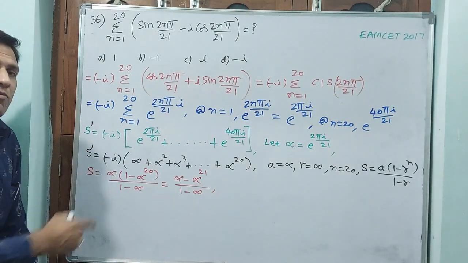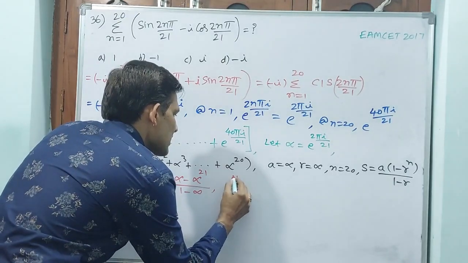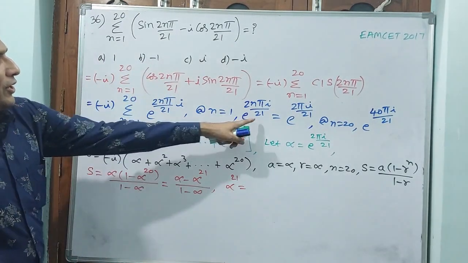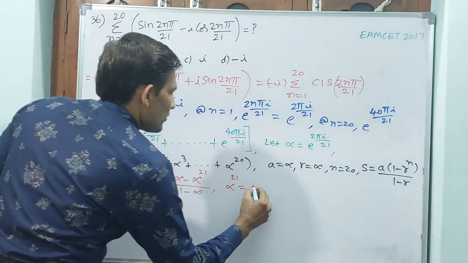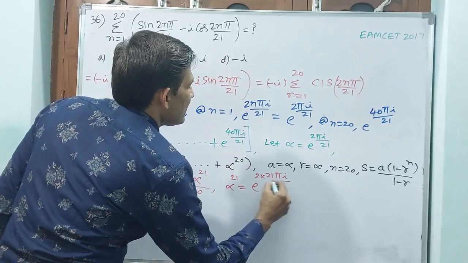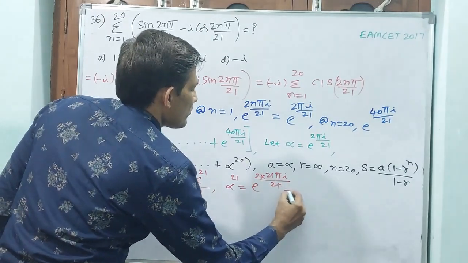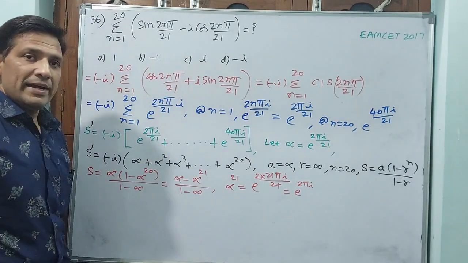Alpha to the power of 21, what is the value? Alpha to the power of 21 is equal to, in this you have to keep 21. E power 2 into 21 pi I by 21. 21 going to get cancelled. This is going to become E 2 pi I.